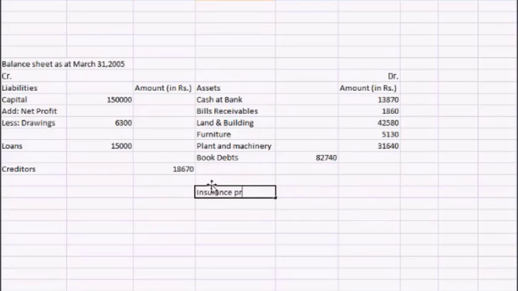Insurance prepaid, or again I'm writing prepaid insurance. Prepaid insurance. The amount is 50. Okay.